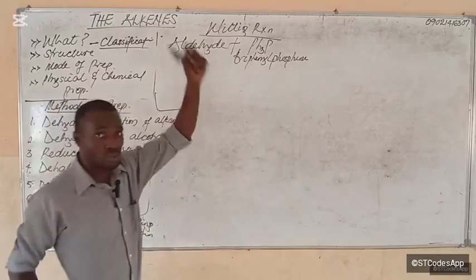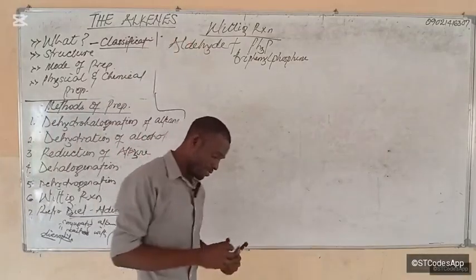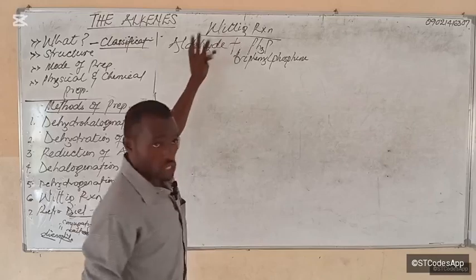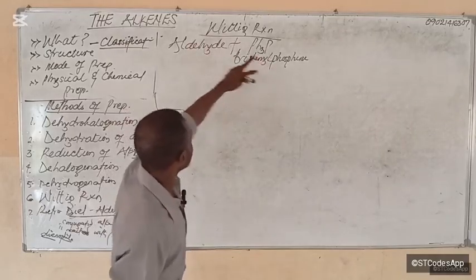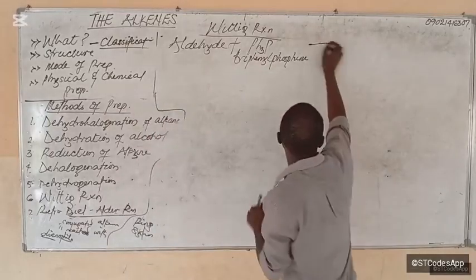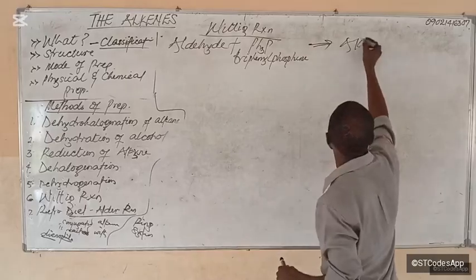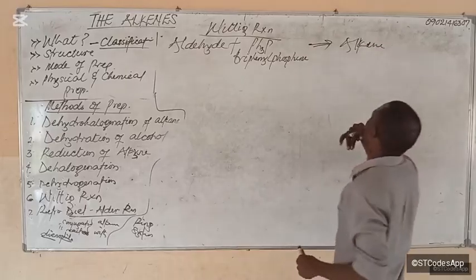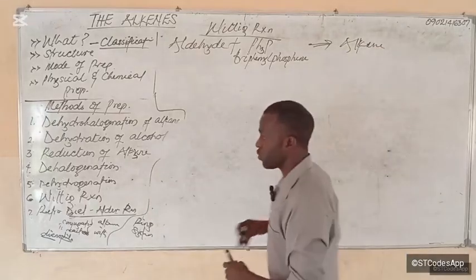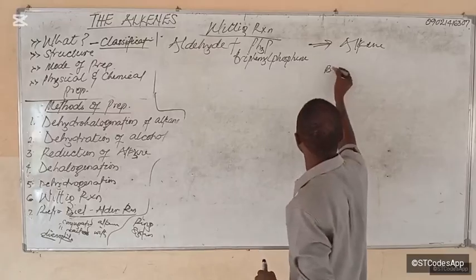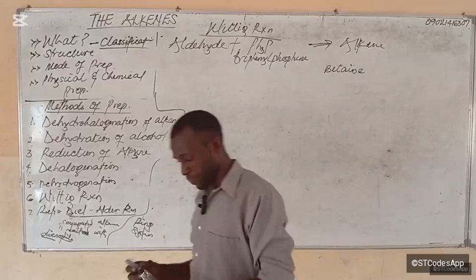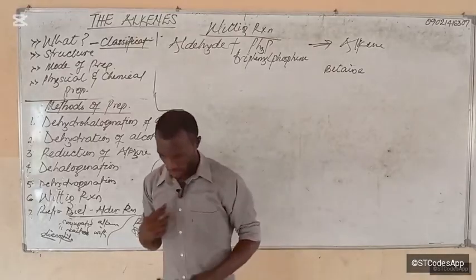It was named after Georg Wittig, maybe in the 1930s. Wittig reacted triphenylphosphine with an aldehyde and was able to form an alkene. In the process, he produced what is called betaine as an intermediate product.